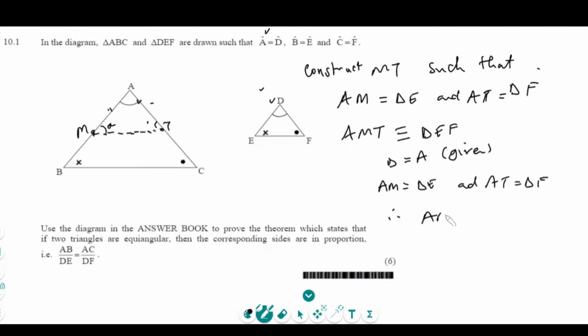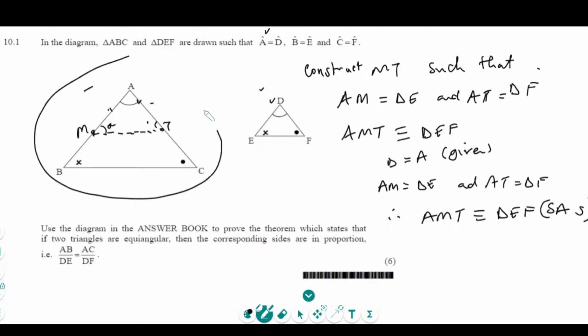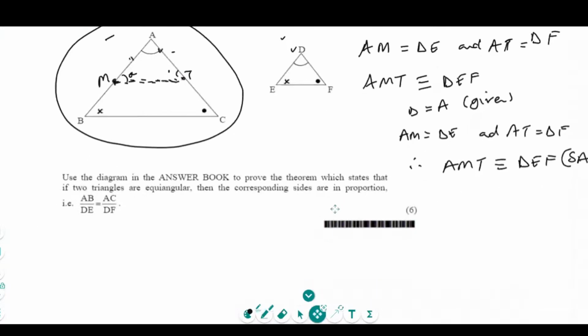Therefore, AMT is congruent to DEF, which means that is angle, the side and the side. Okay. Then, if that is true, then this triangle of ours shall be making up two triangles, the first one and then the bigger one, which means the two are going to be similar. So if I apply my proportionality theorem, remember what we said.